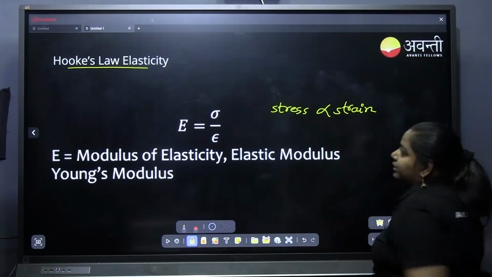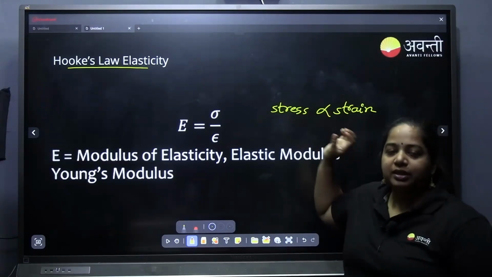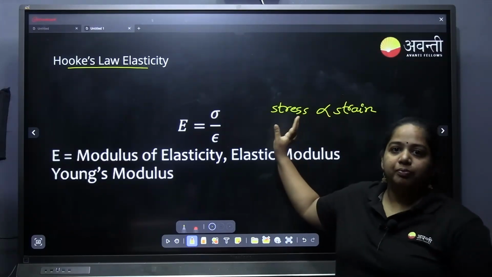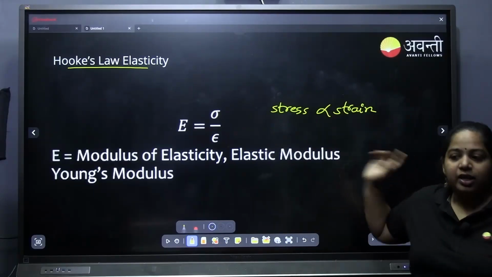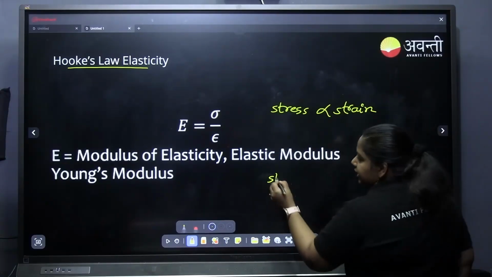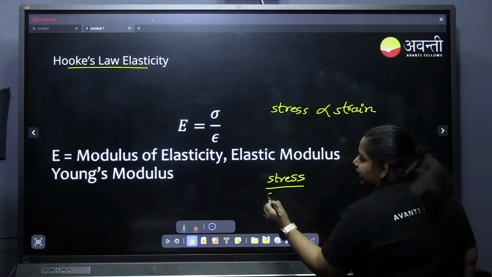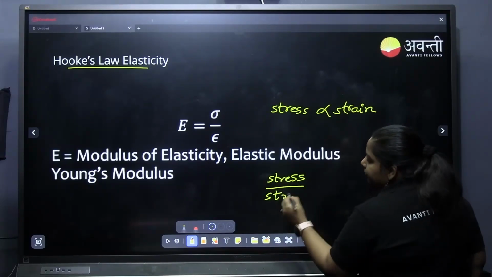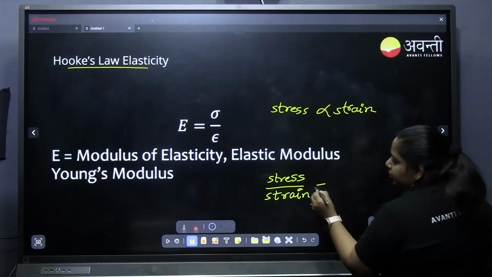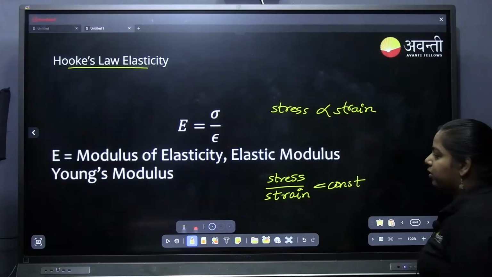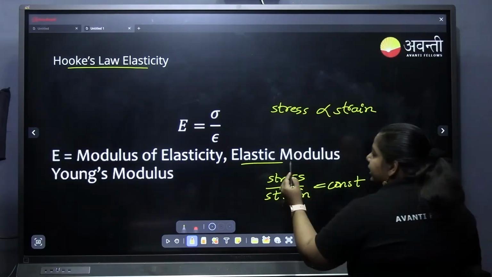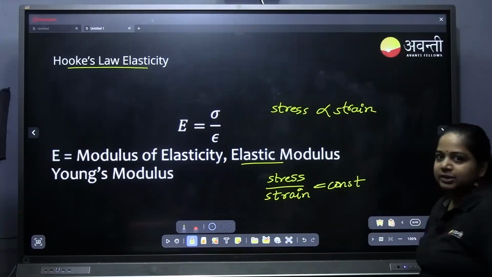This is actually the formula of Hooke's law. Under elastic limit, stress is proportional to strain, which means stress by strain should be a constant, right? This constant is what we call modulus of elasticity or elastic modulus.